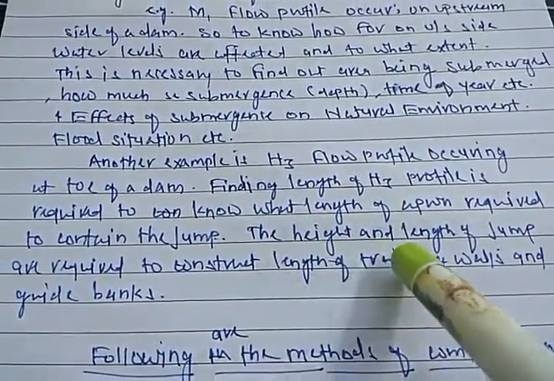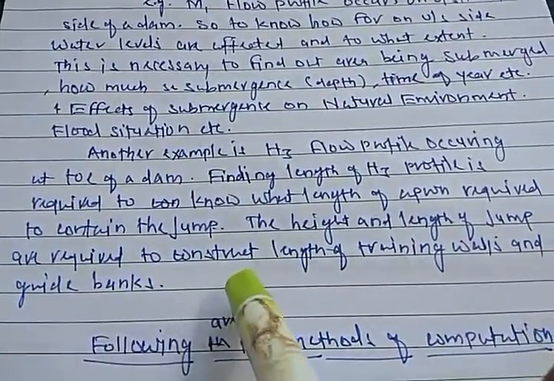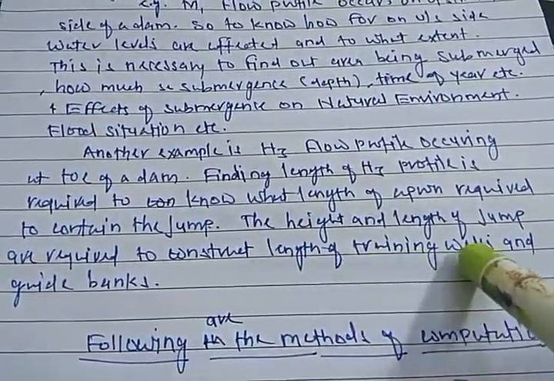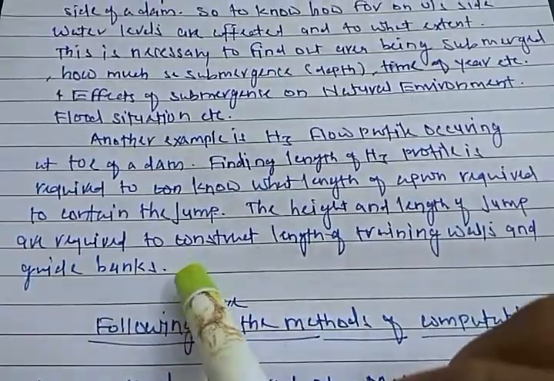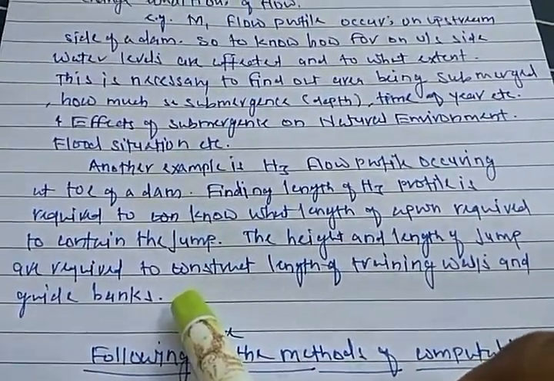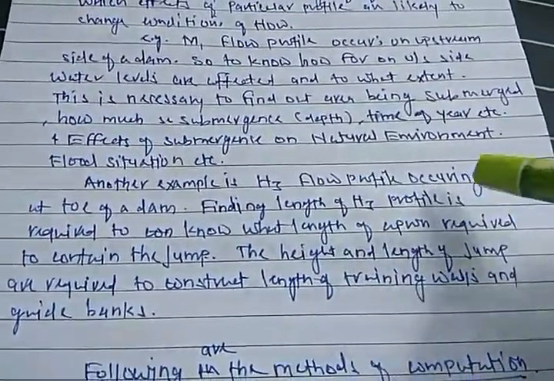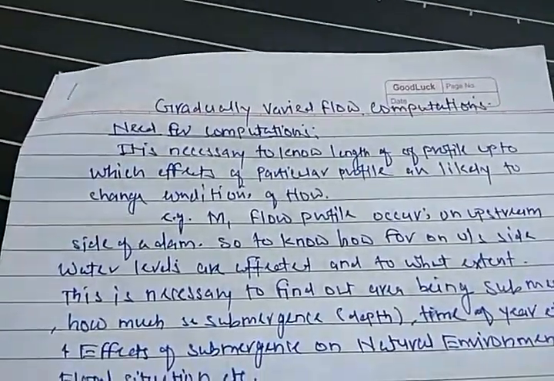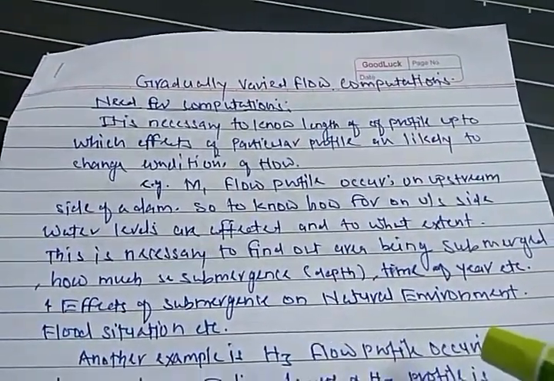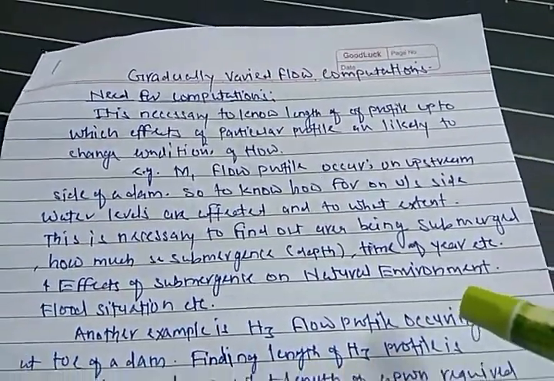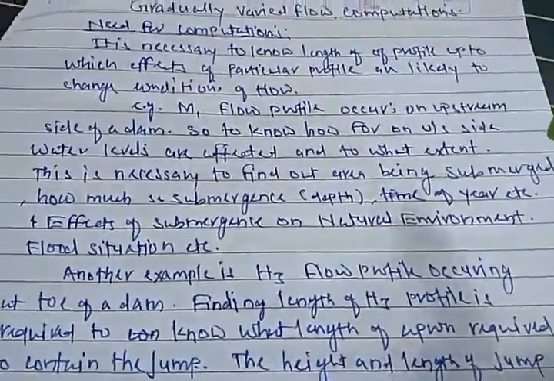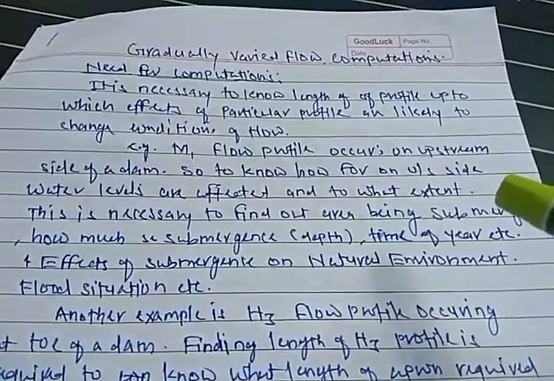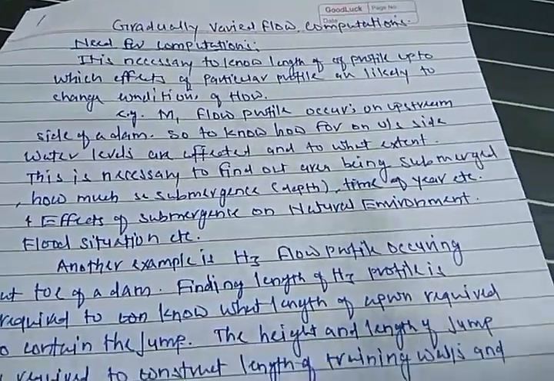The height and length of a jump are also required to construct the length of training walls and guide banks. So these are the two examples to show the need for computations of gradually varied flow profiles. Computations means we will be finding out length, depth, etc.